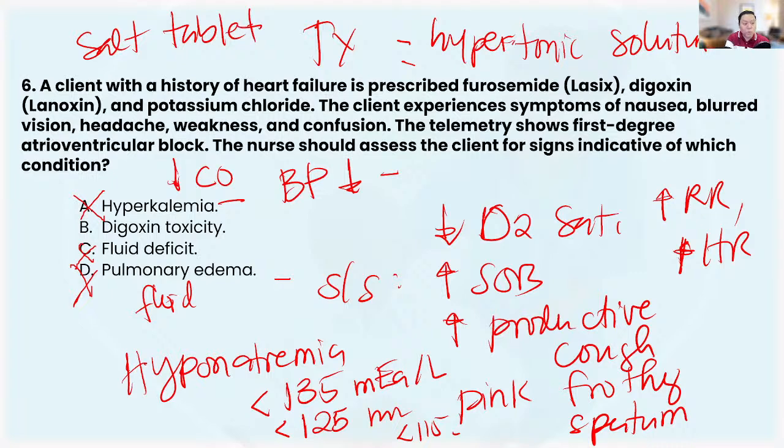Yes, we can treat the patient with salt tablets as well. Again, this is going to be dependent on the medical provider's decision making, but as far as I have seen in my entire nursing practice, these are the possible nursing and pharmacological interventions that we can do for our patient. I hope that answered your question.